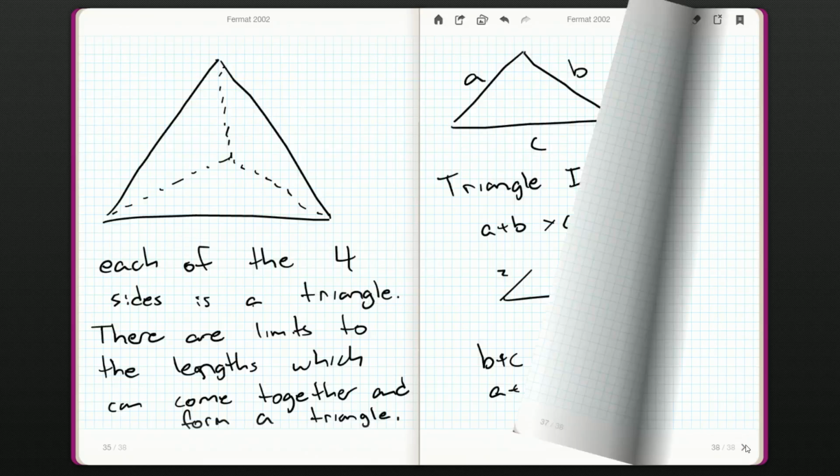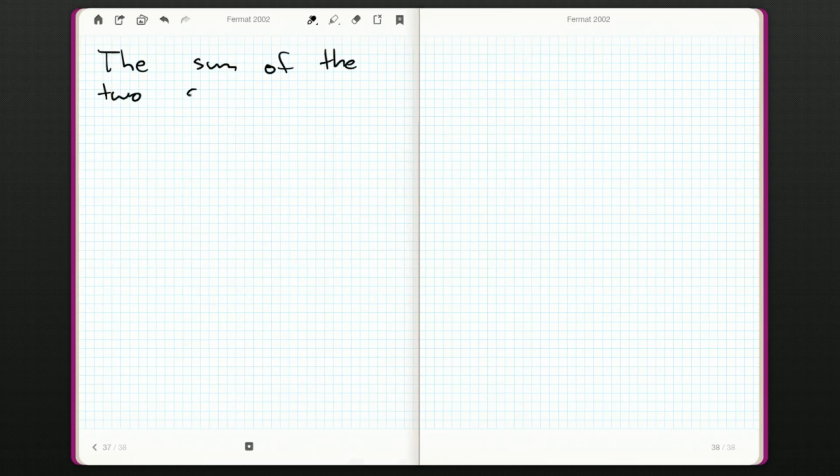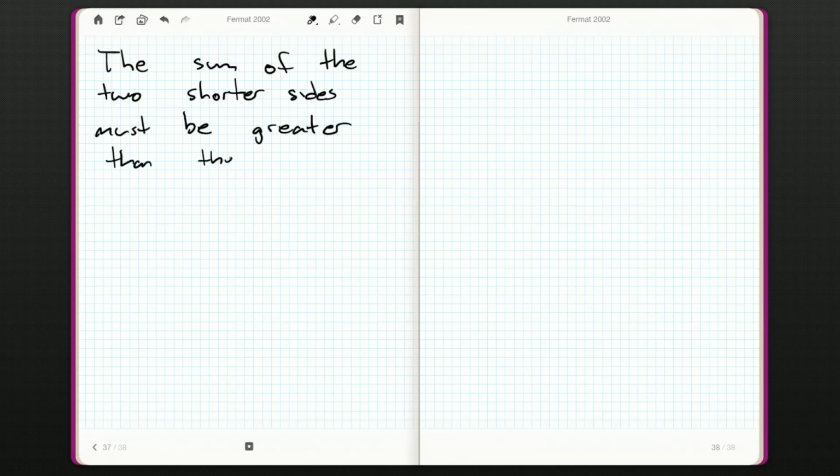So another quicker way to write the triangle inequality is to say the sum of the two shorter sides must be greater than, not greater than or equal to, just greater than, the longest side. Okay, so that's our condition there.